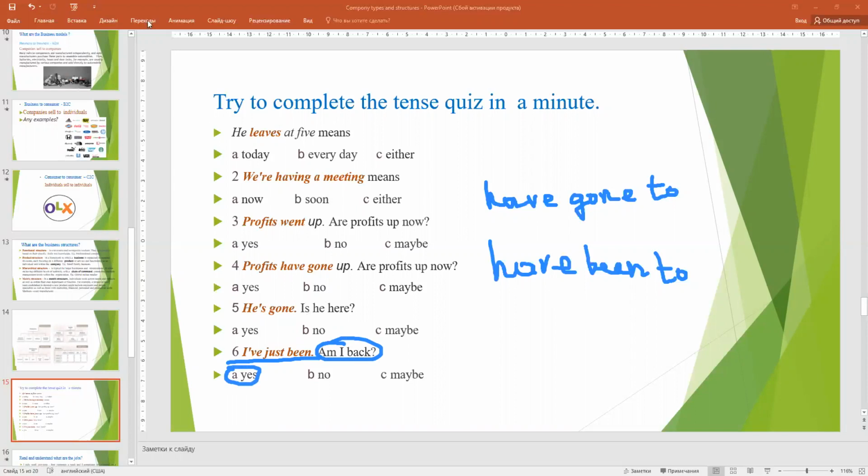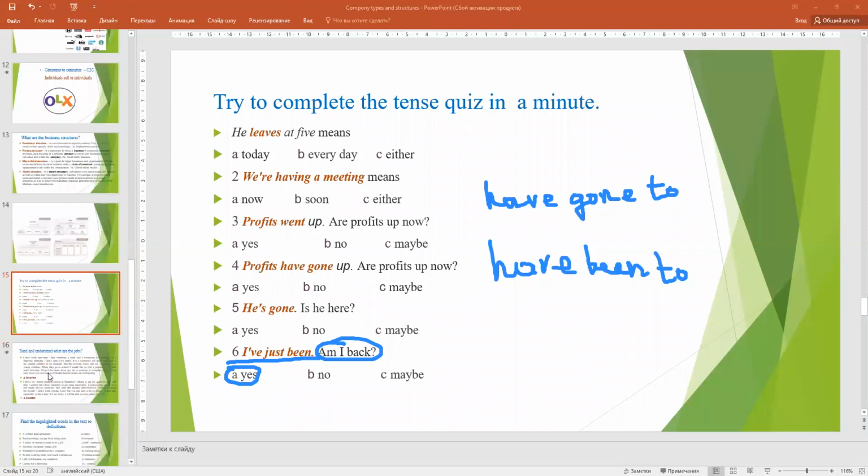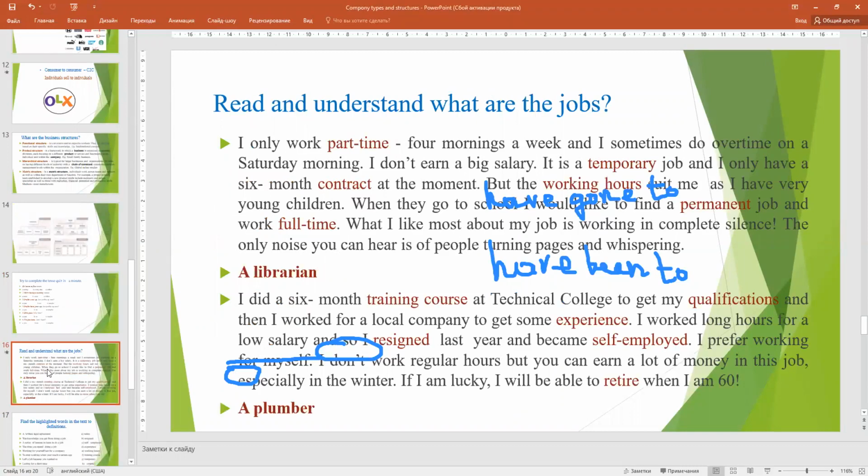So, let's go to the next. Here's a reading task for you, dear students. Just a second, I'm going to erase. Read and understand what the jobs are. You have to read these texts and find the title of these jobs.